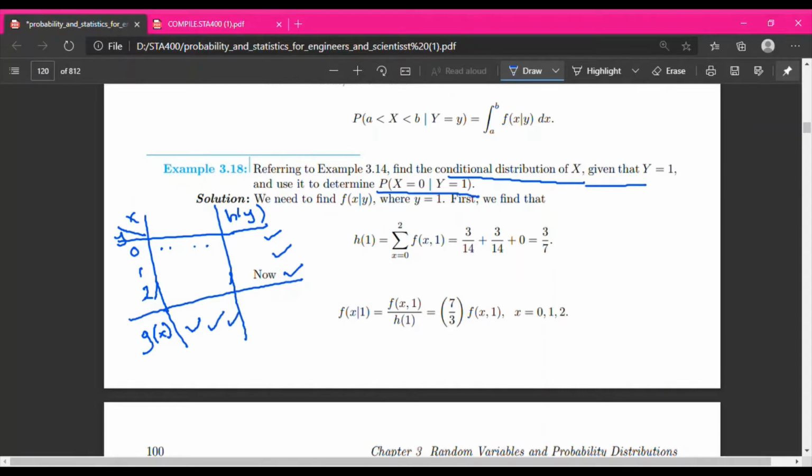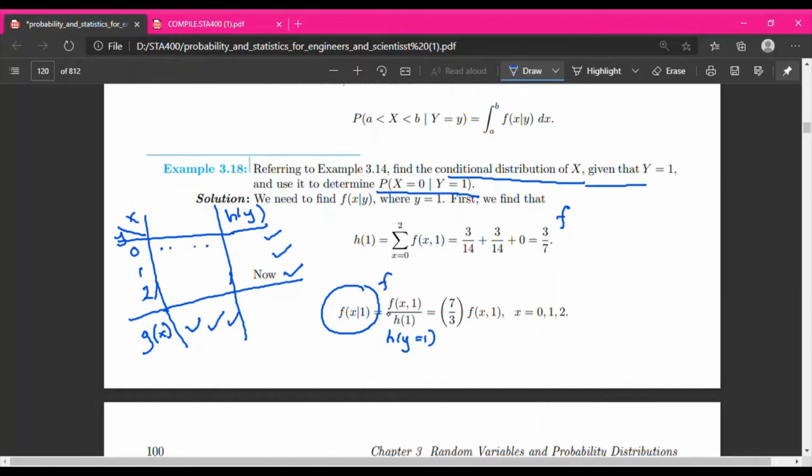So now we want to find the conditional distribution for x given y equal to 1. So it will be the function of x given 1, the conditional distribution of x given y equal to 1. So it will be f(x,1) divided by h(y equal to 1). Here, h(y equal to 1).